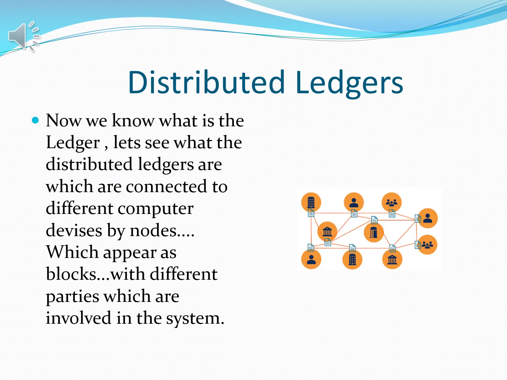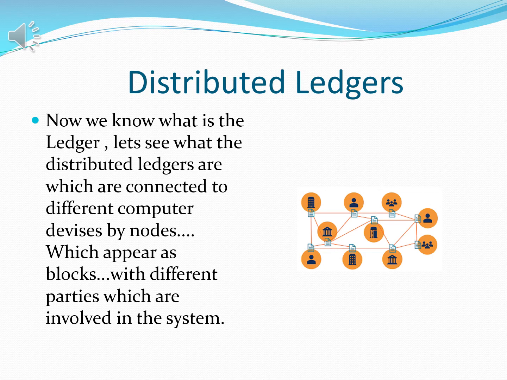So what are distributed ledgers? Now we know what ledgers are. Let's see what distributed ledgers are, which are connected to different computer devices by nodes, which appear as a block with the different parties involved in the system.